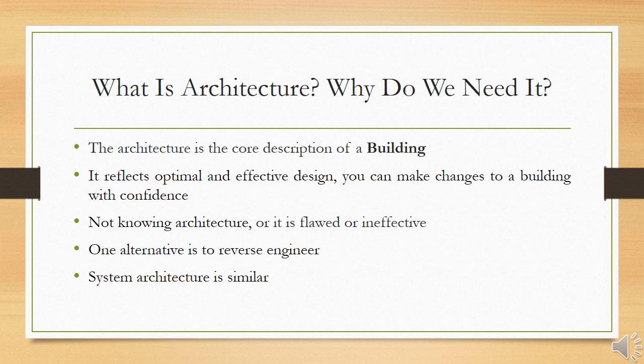One alternative is to do reverse engineering, that is, study the building and recreate the architecture. But reverse engineering is time consuming and expensive. You are much better off if your original architecture is optimally designed and kept up to date, and at the ready for next time you need to make changes to the building.